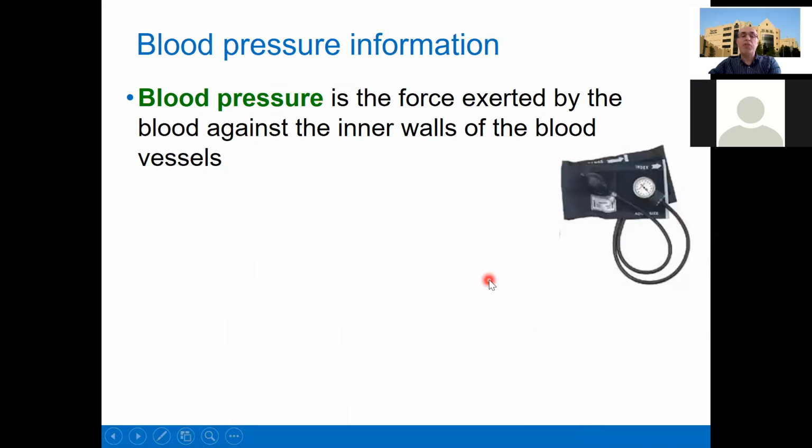Okay, blood pressure is the force exerted by the blood against the inner walls of the blood vessels. Once the blood flows through our vessels, it presses onto our vessel walls, inner walls, and makes blood pressure.